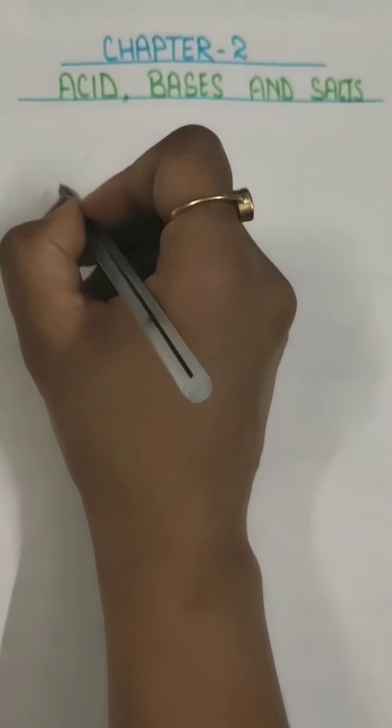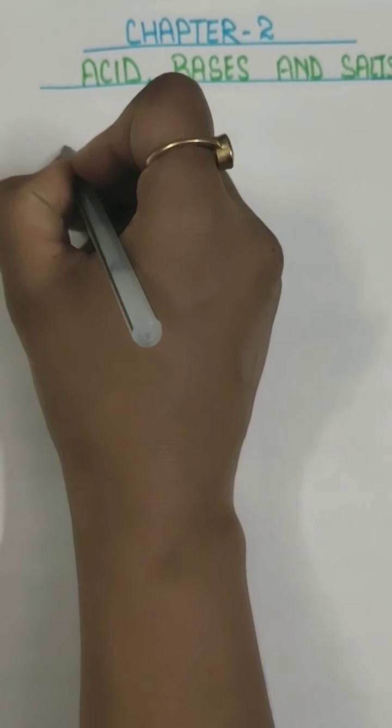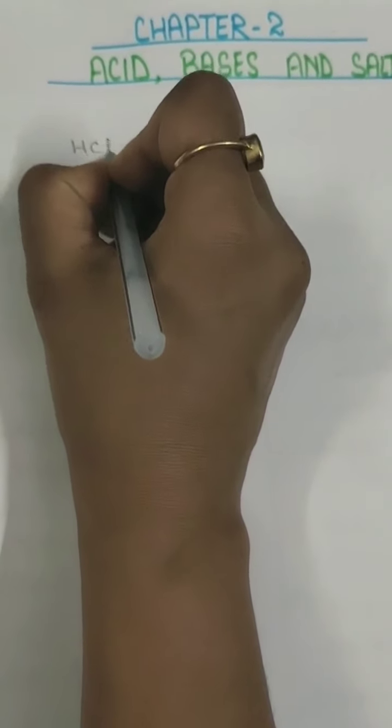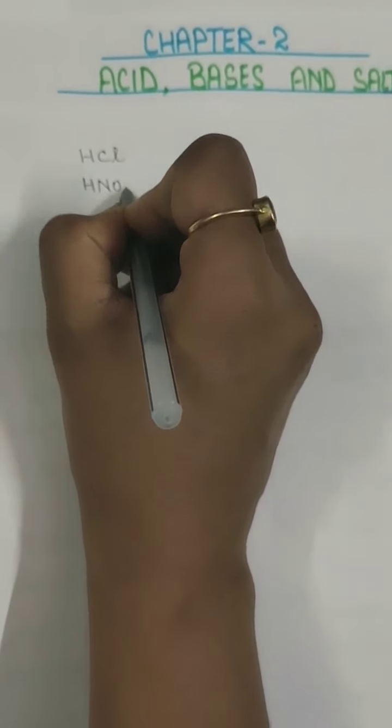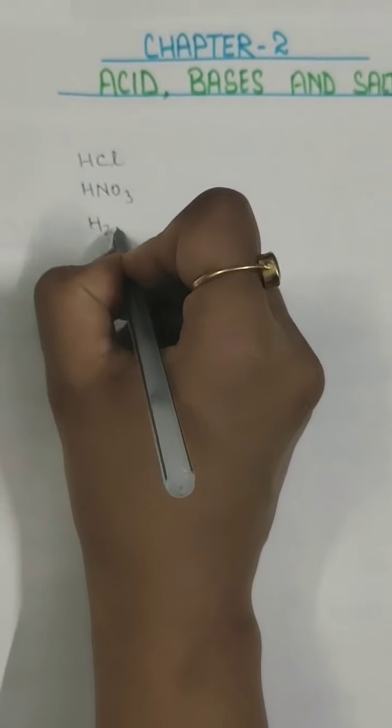So acids are those compounds which, when dissolved in water, produce hydrogen ion or hydronium ion. Some examples of acids I will write here are HCl, HNO3, H2SO4 and many more.